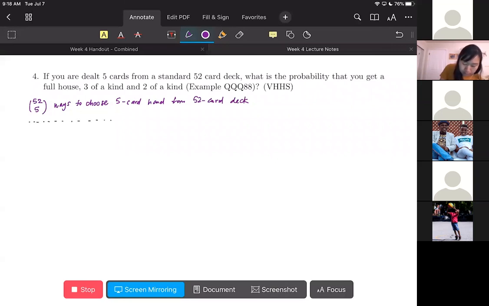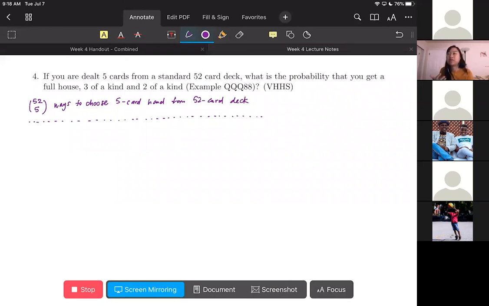Just for clarity, when they say 3 of a kind, does it mean 3 hearts, 3 diamonds, 3 clubs, or does it mean 3 aces? I'm not so conversant with cards, so forgive me. That's okay. That's a good question. In this question, since they gave the example of queen, queen, queen, 8, 8, it means that it's 3 of the same number.